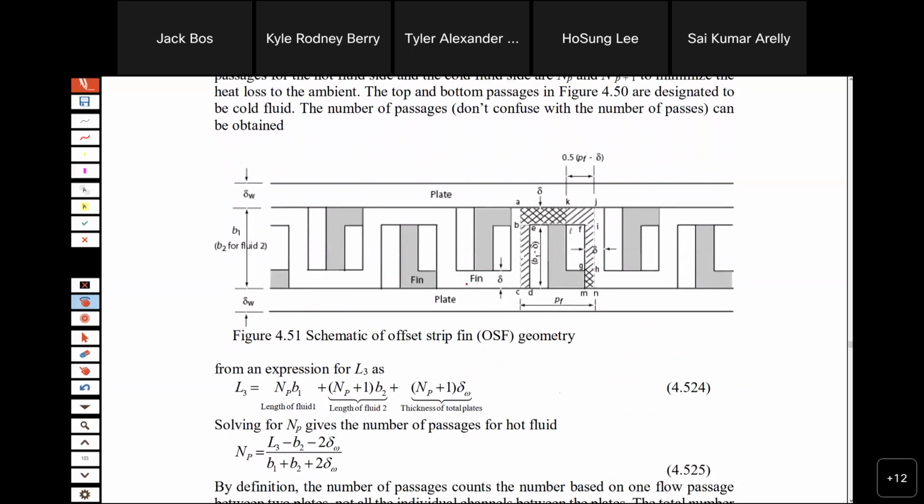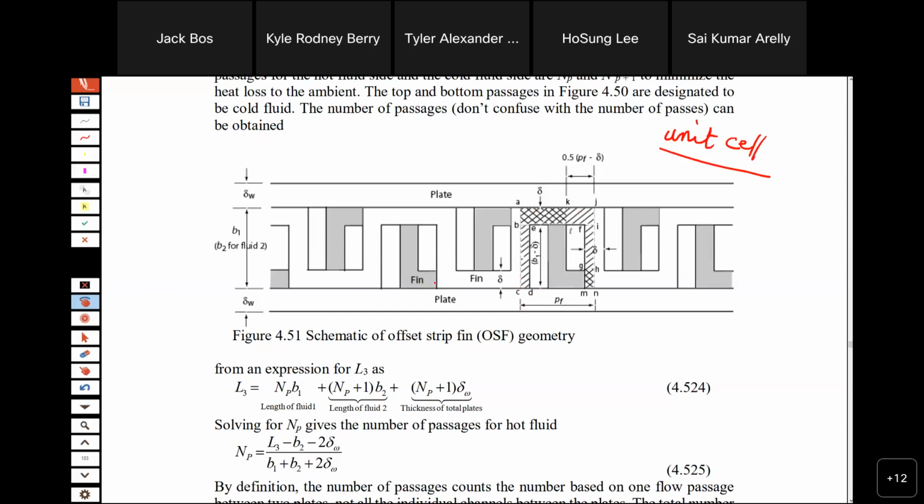And this is an offset straight fin inside, between the plates. When we look at this, this is the unit cell. So we look at the unit cell. Once we figure out the unit cell, then it's a repeat.